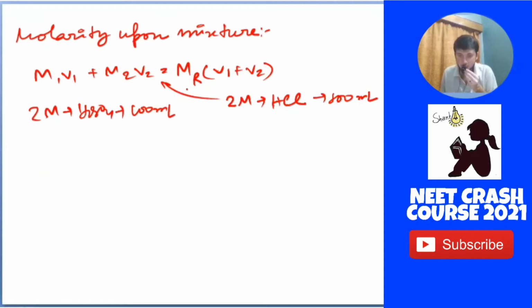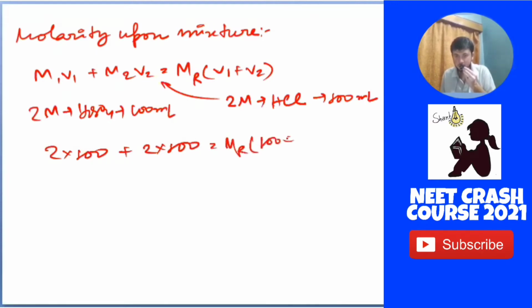What will be the resultant molarity? We'll just put the values: 2 into 100 plus 2 into 100 equal to MR, which we don't know, we have to conclude that, and here 100 plus 100 will be 200. So MR will be, above side 400 and below 200, so it comes to 2 molar.